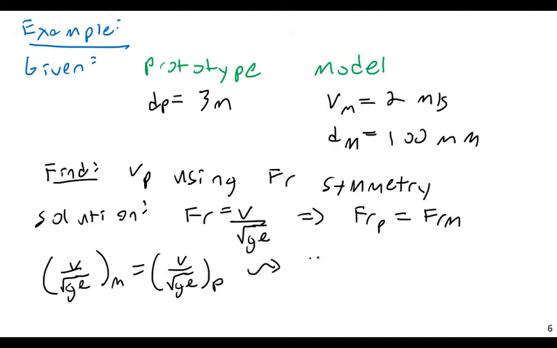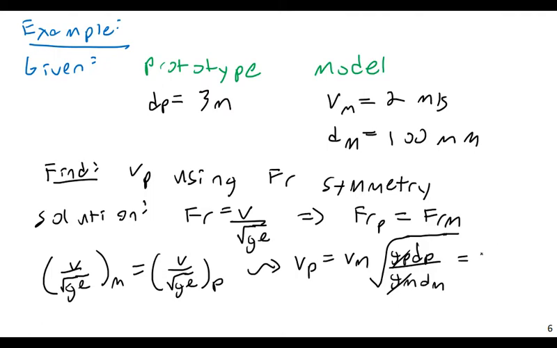And if I then solve this for Vp, the velocity of the prototype, I get Vm times the square root of Gp Dp over Gm Dm. However, g is the acceleration due to gravity. It's going to be constant. So this is just Vm times the square root of the ratio of the diameters, Dp divided by Dm. We have that.